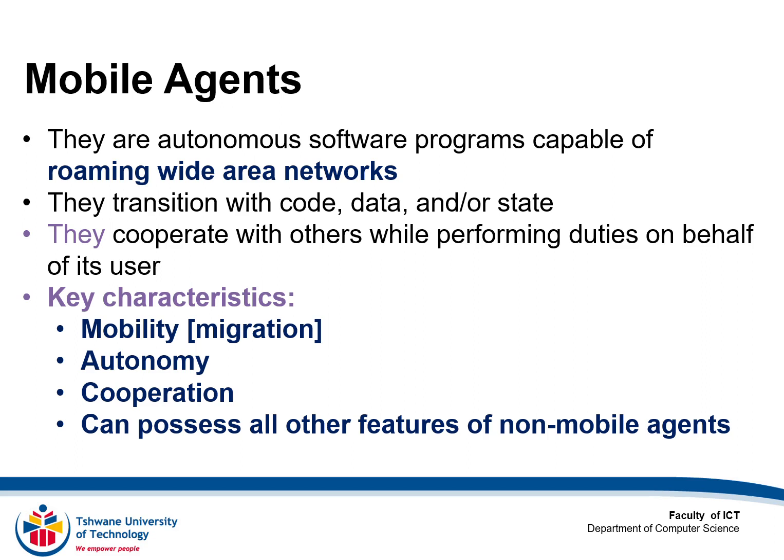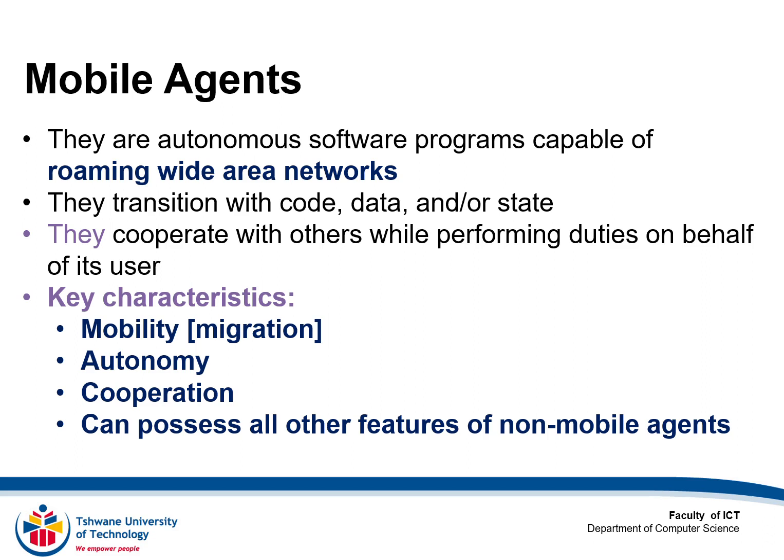They cooperate with each other while performing duties on behalf of their users. And it's important for them to cooperate, because moving into new environments, they'll need to communicate with other agents. They will need to know what other agents are doing so that they can leverage the services offered by other agents.